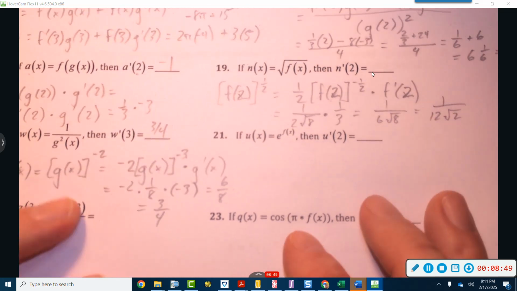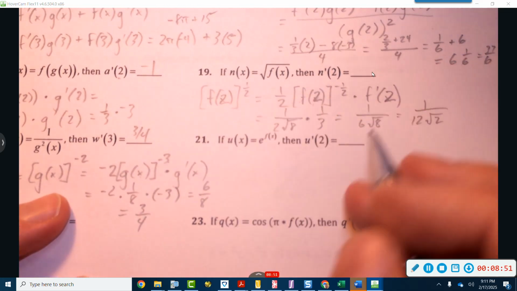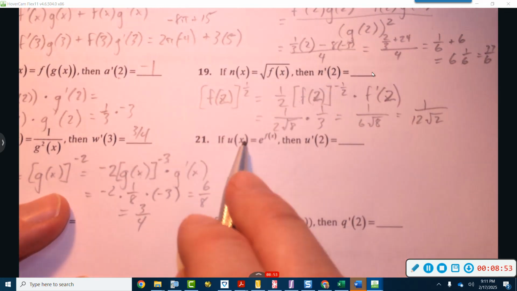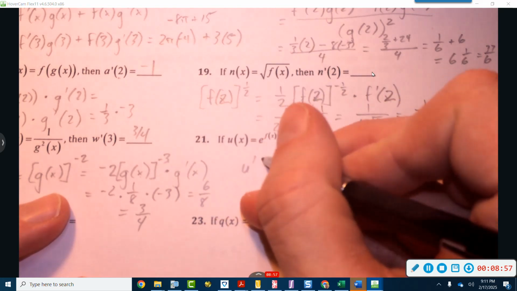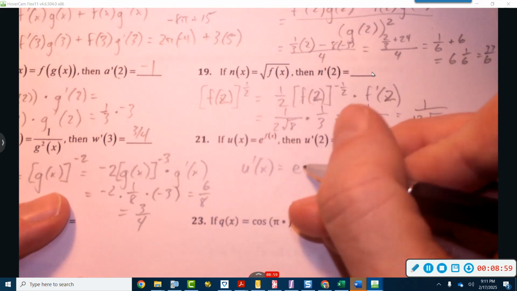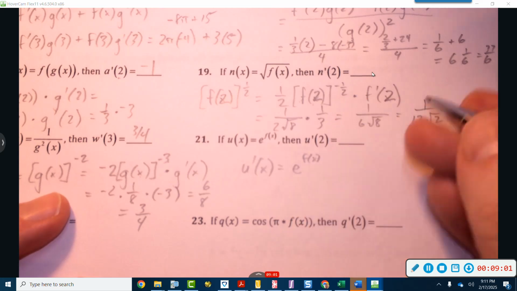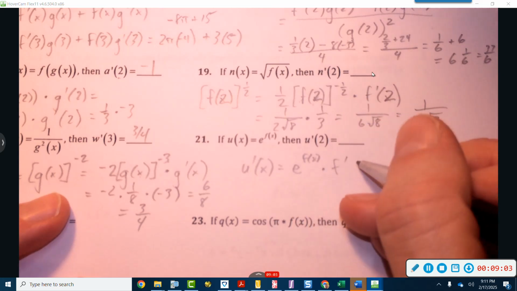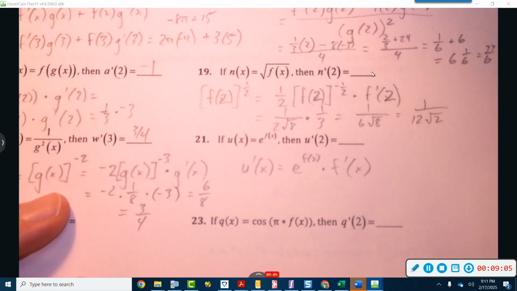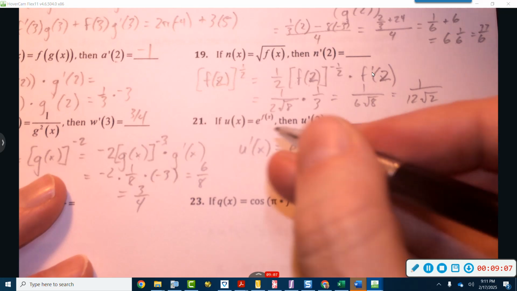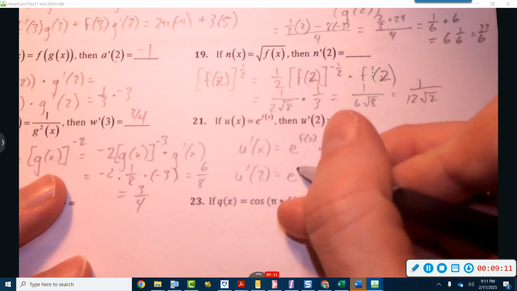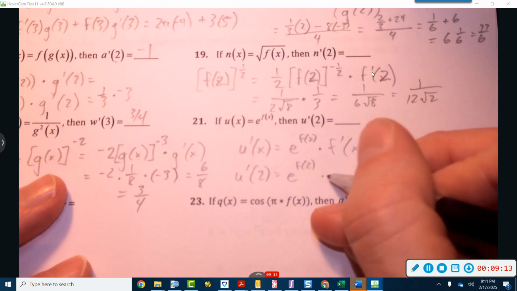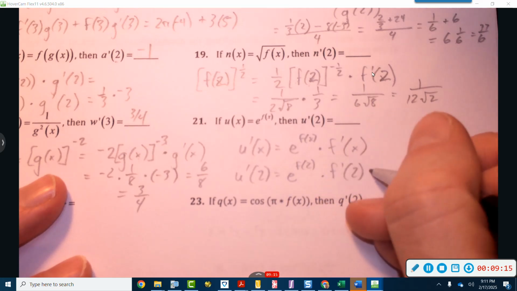Now moving along, we're going to take the derivative of u at 2. So we're going to use the chain rule. Take the derivative of the first function, which is just itself, times the derivative of the innermost function. We plug in a 2, so u prime of 2 equals e to the f of 2 times f prime of 2.